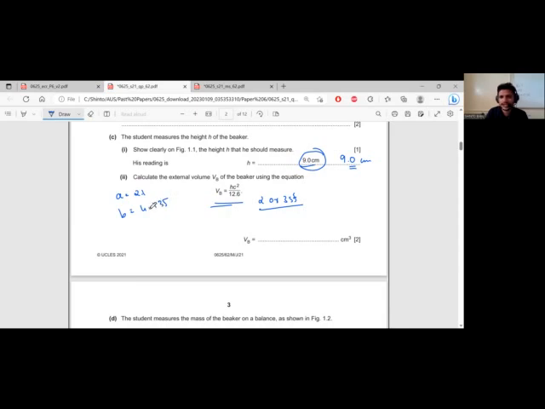Now here it has four significant figures, and you are going to divide these two numbers. The general rule is that the final answer should have the same number of significant figures as that of the number with the lowest number of significant figures, which here is 2.1, which has two significant figures. So you should round off your final answer to two significant figures.